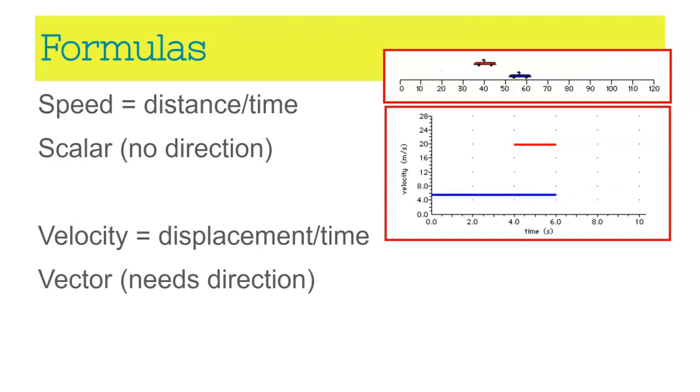This is why I said you need to know how to calculate distance and displacement from yesterday's lesson, because if you don't know how to calculate displacement, you can't get velocity. So velocity is displacement over time, and this is a vector quantity, so it needs direction. So your velocity would be meters per second east, meters per second west, because it is a vector.